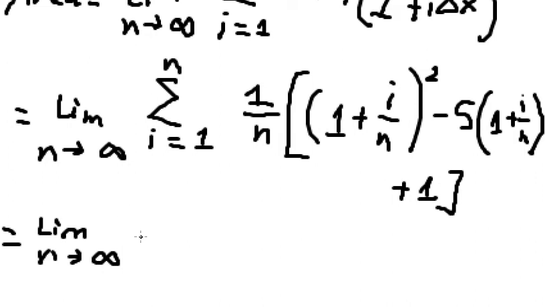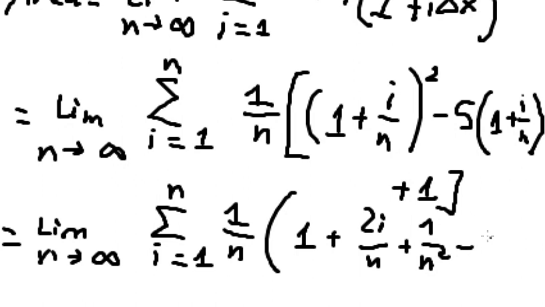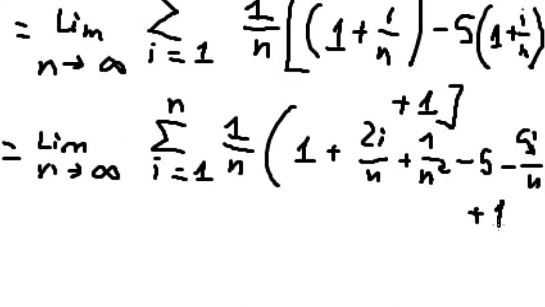This one we can expand, and we will have 1 plus 2i over n plus i squared over n squared. This one we have negative 5i over n plus 1.